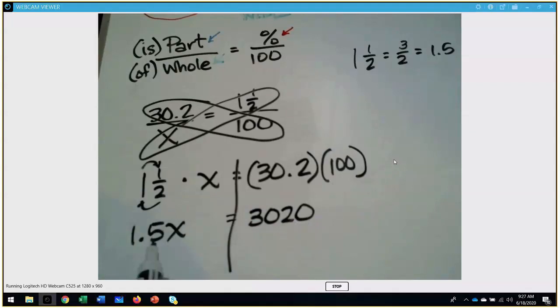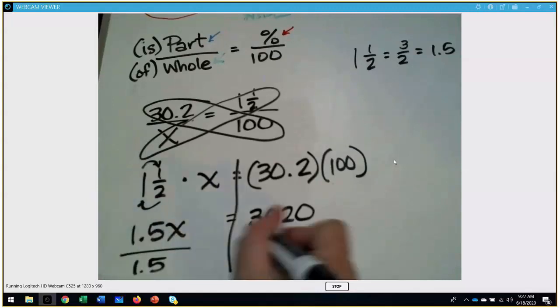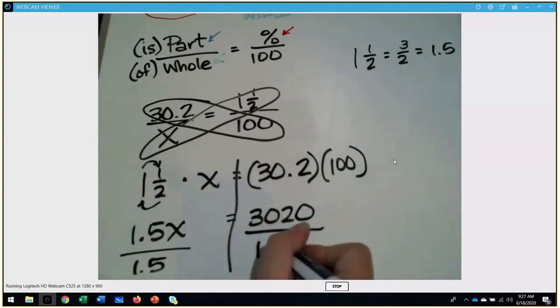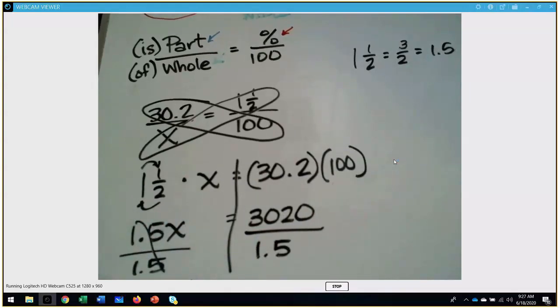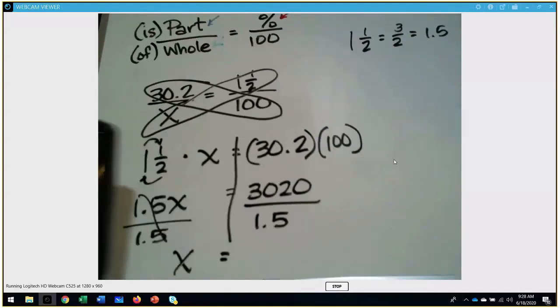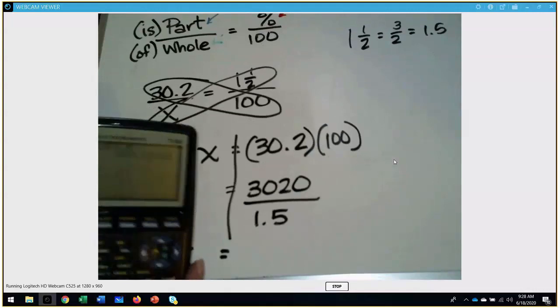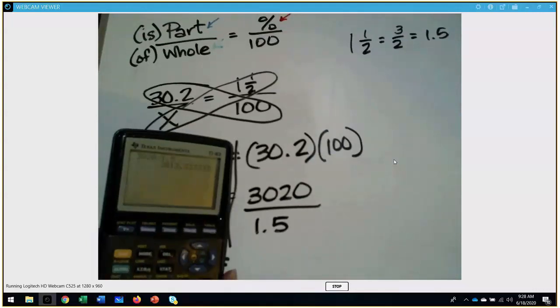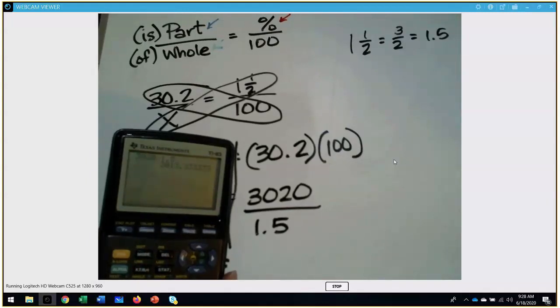And then my last step is to divide both by whatever's in front of the x. Let's see what I get. Okay, so I got, it's not pretty, but it's okay. This is what I got: 2013.3 repeating.